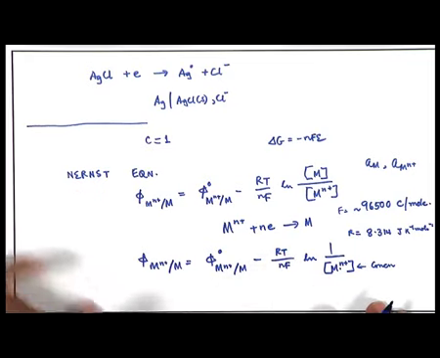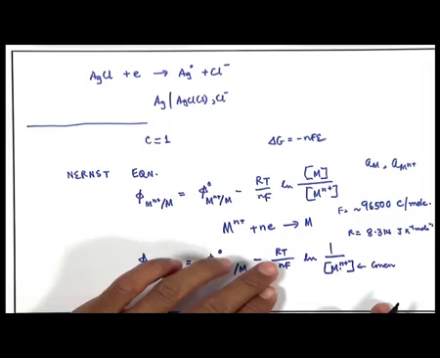So, that is why in electrochemical experiments, temperature is a very important quantity, because if you change the temperature, automatically with respect to the standard state, your state of measurement will be changing. So, therefore, this phi will be changing.